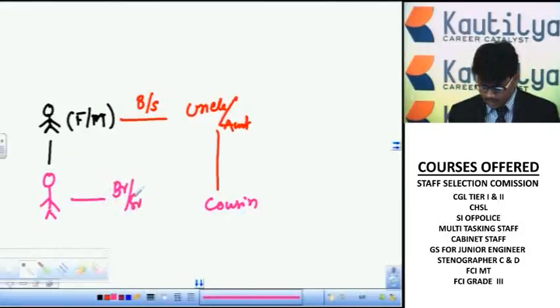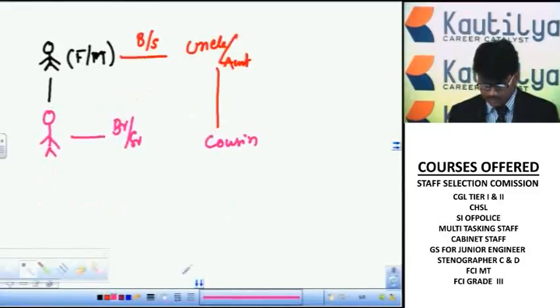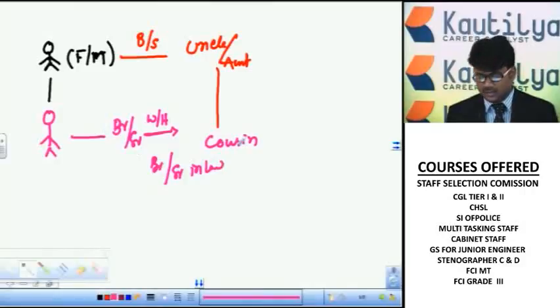Our brother or sister's wife or husband is called brother-in-law or sister-in-law. These persons are all in the same generation. Our brother or sister, brother-in-law, sister-in-law, or cousin is in our same generation, and father, mother, uncle or aunt are in our earlier generations.